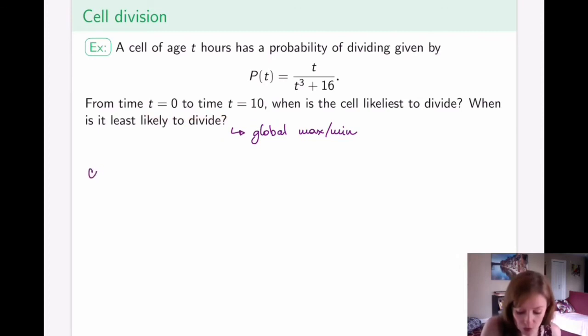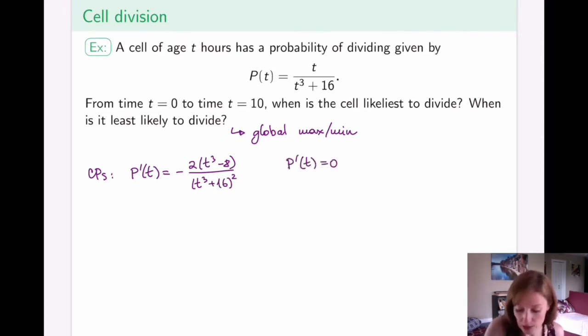In order to find critical points, remember we have to take a derivative, see where it's equal to 0, and see where it does not exist. So the derivative here turns out to be minus 2t cubed minus 8 all over t cubed plus 16 squared. I'm looking for where this is 0.